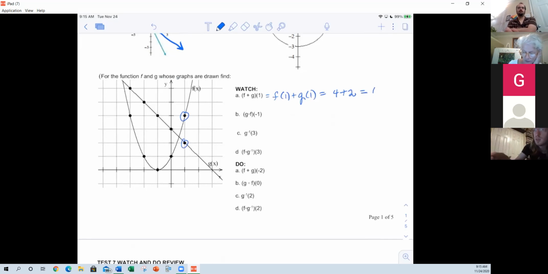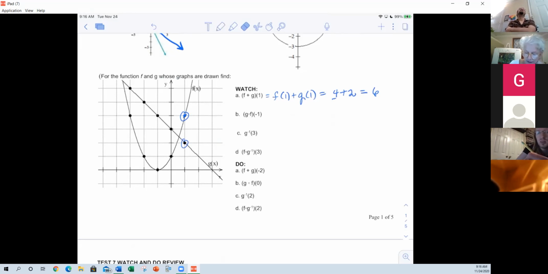So 4 plus 2 would be 6. So when you're looking for f plus g of 1, that's just f of 1 plus g of 1. You go over to 1 on the x and then rise till you hit the f function and pick whatever the y value is. That's what goes here. And then you do the same for the g.